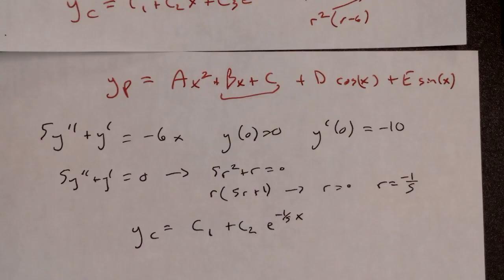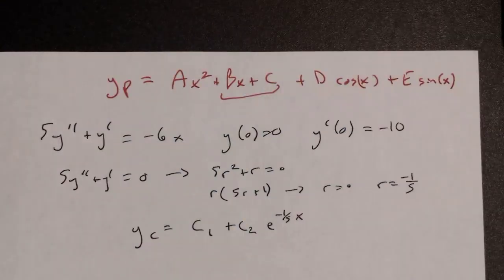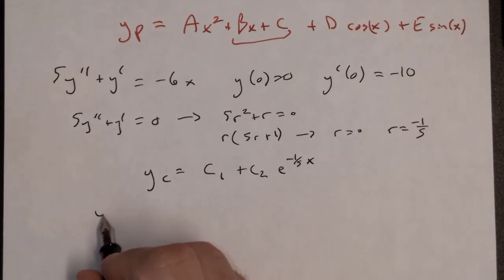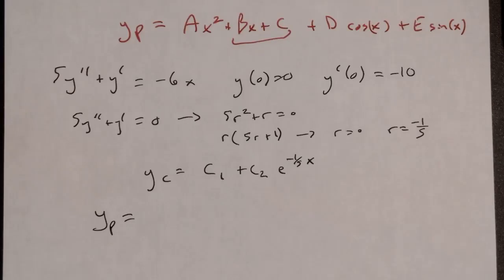The downside to this is that I cannot solve for the C1 and C2 yet. I don't have the complete solution. I can't solve until after I've got the complete solution, which means I need the particular solution to go forward. What should yp look like?